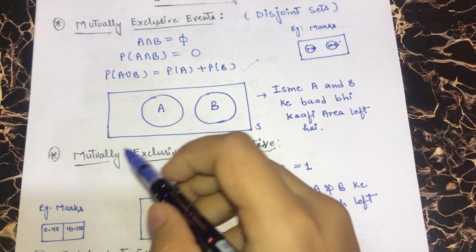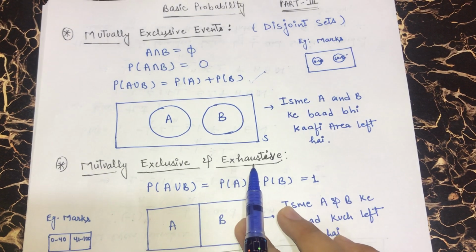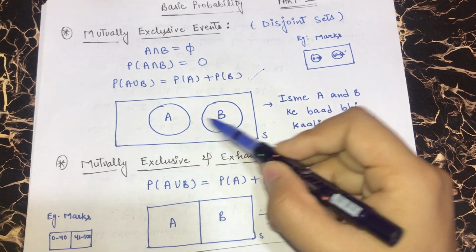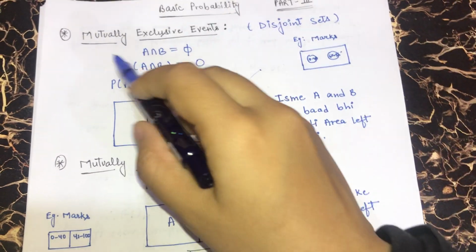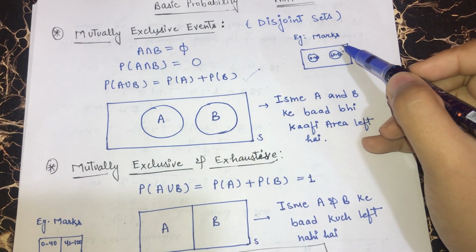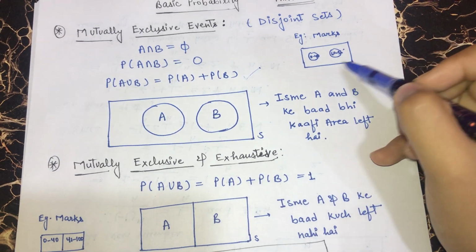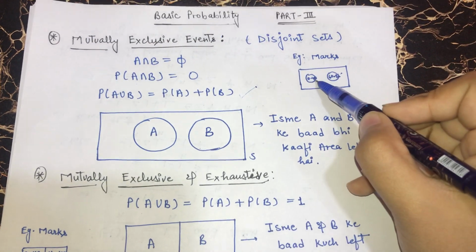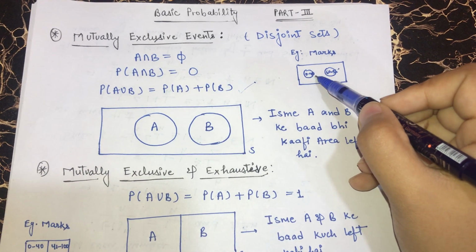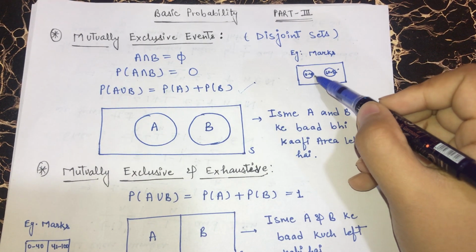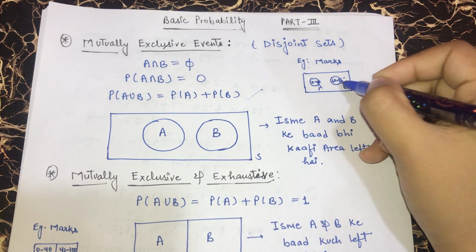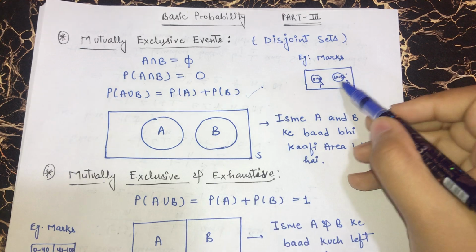You can clearly see if this rectangle is my sample space and there are two events A and B which have no links together, it is a mutually exclusive event. The example is like if I'm talking about the marks in the class of students, so I am making a set A in which the marks are from 0 to 40, like the students who got marks from 0 to 40, this is a set A suppose, and this is B in which the marks are from 60 to 85.